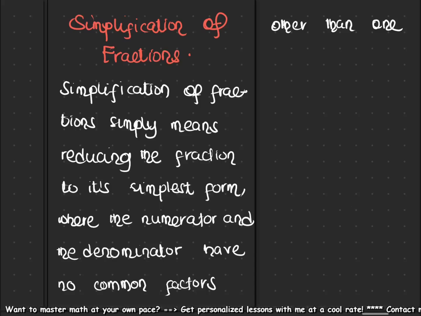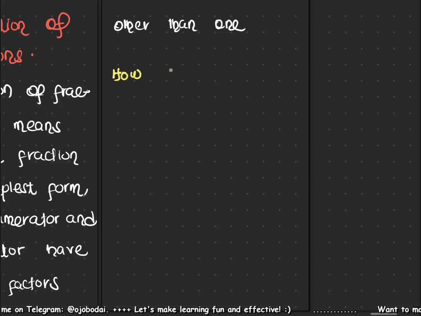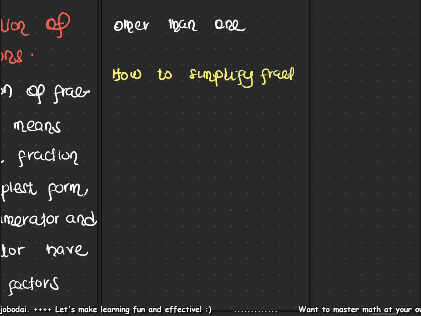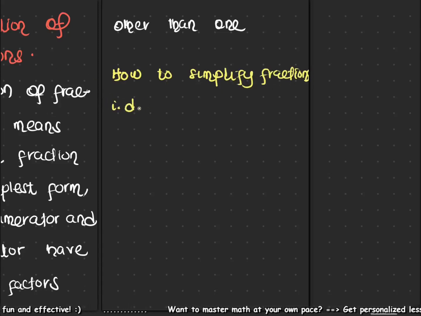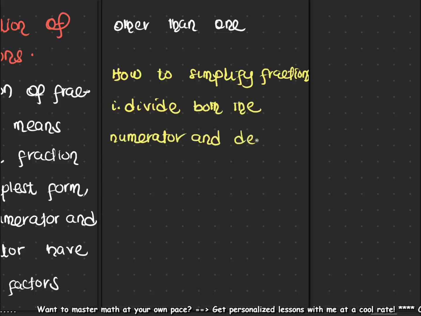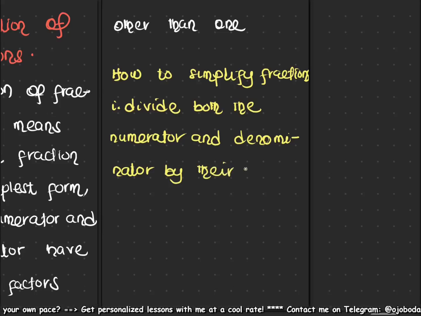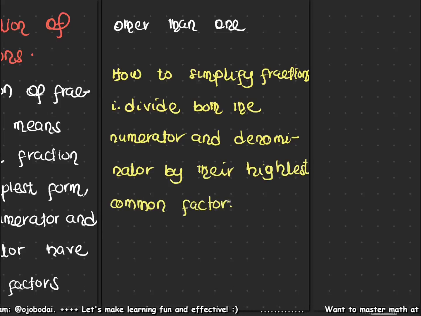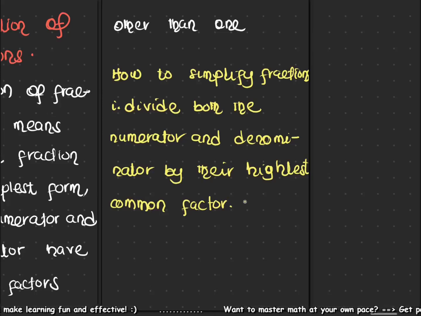To simplify fractions, all we do is divide both the numerator and the denominator by their greatest common factor or their highest common factor, that is the HCF.